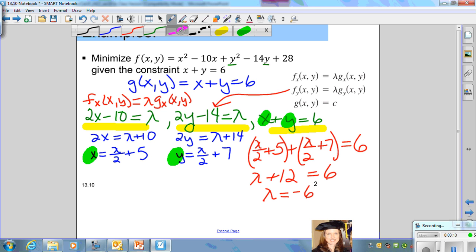Now we're going to take our solution here for lambda and plug it into here and here. So when we plug that in, we can find that x is equal to lambda, which is negative 6 divided by 2 plus 5, and we get x is equal to negative 6 divided by 2 is negative 3 plus 5 is equal to 2.